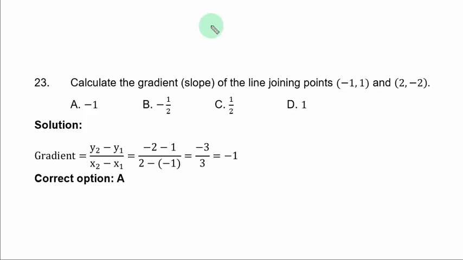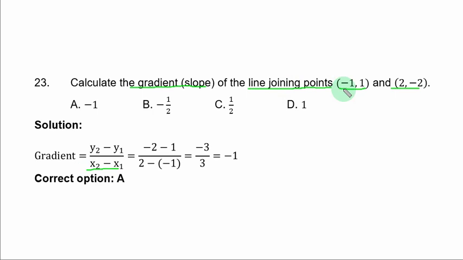Question 23. Calculate the gradient or slope of the line joining the points -1, 1, 2, -2. This is a formula for gradient. The first point is X1, Y1. The second point is X2, Y2.